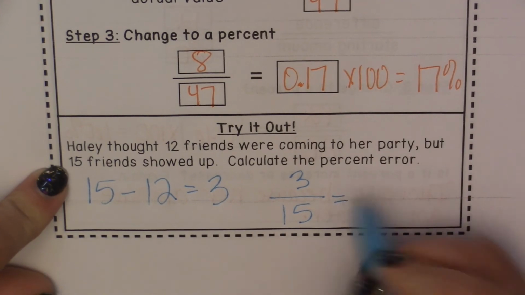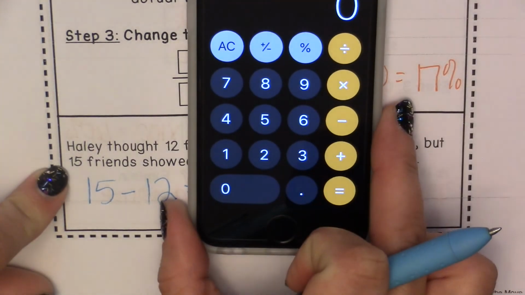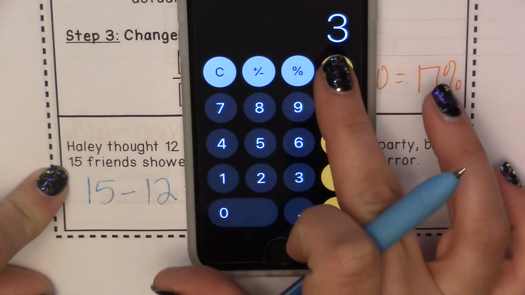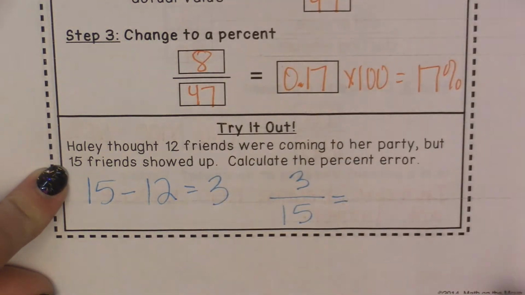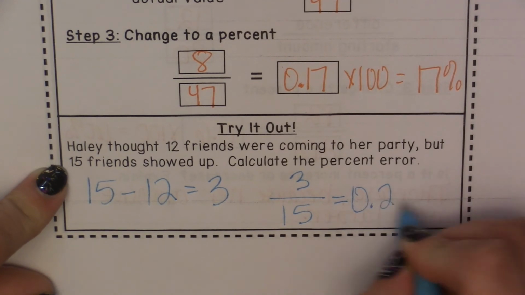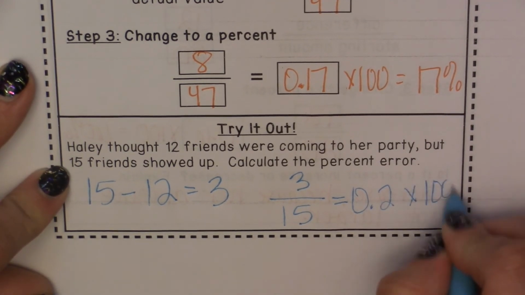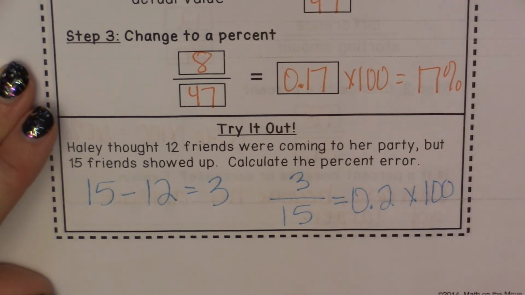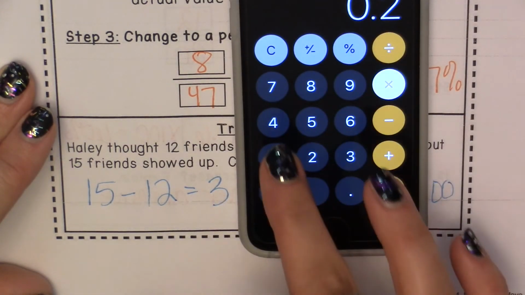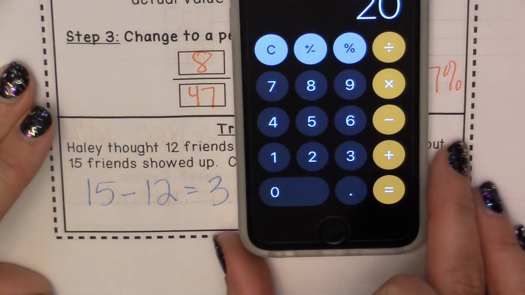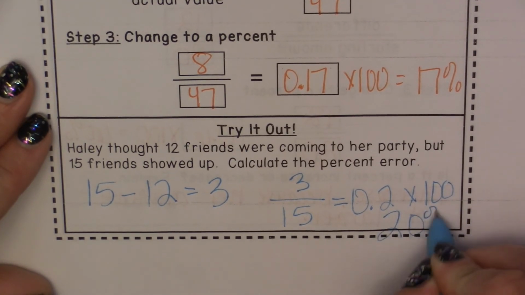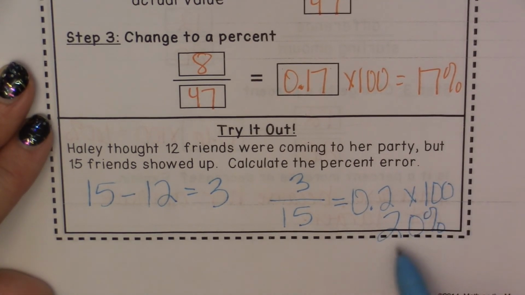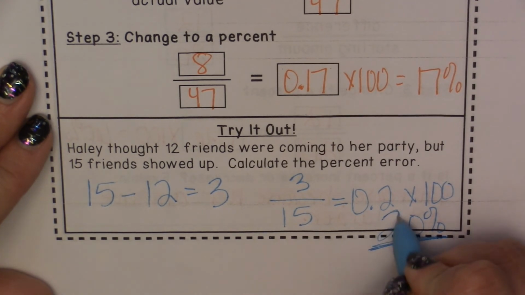Then we're going to divide and change it to a decimal. 3 divided by 15 is 0.2. We're going to times that by 100, and that gives us a percentage of 20%. So her percent error was 20%. It's hard to see, sorry.